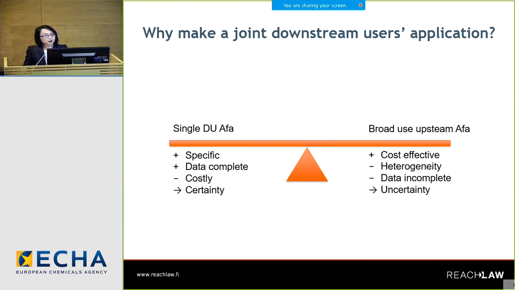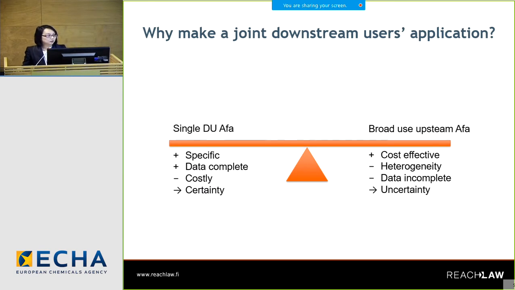On the other side of the balance, we see broad use definition upstream applications. They are cost-effective. However, quite often you have a heterogeneous group of companies to cover. Their situations are not homogeneous. It's complex, which is the word that has been used quite often.